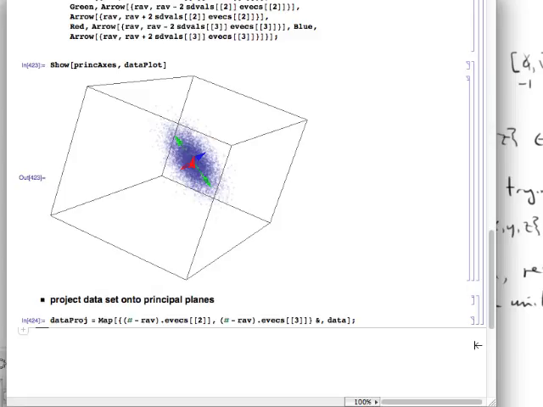And then I can do a list plot of those. I'll find the minimum and maximum of the projected data in the same way as I did before.